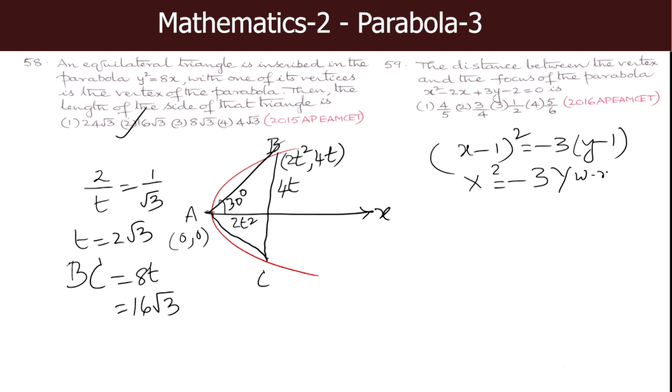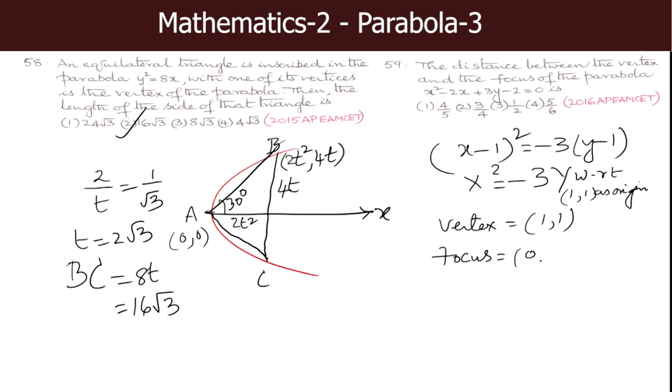with respect to 1, 1 as origin. Okay. And what is the vertex? Vertex for this is 0, 0. That means 1, 1 in the given coordinate system. What is the focus? It is 0, minus a.